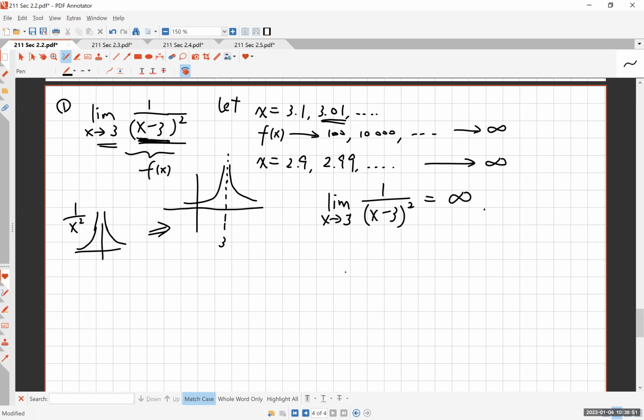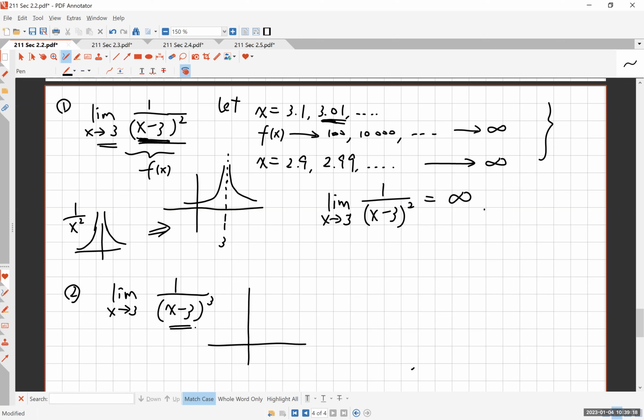All right, so what happens if you have a slightly different problem where you have the third power? Well, now I think you can see this. You can do the same kind of analysis you did here, 3.1, 3.01. These values will stay positive, and a positive number cubed is still positive.